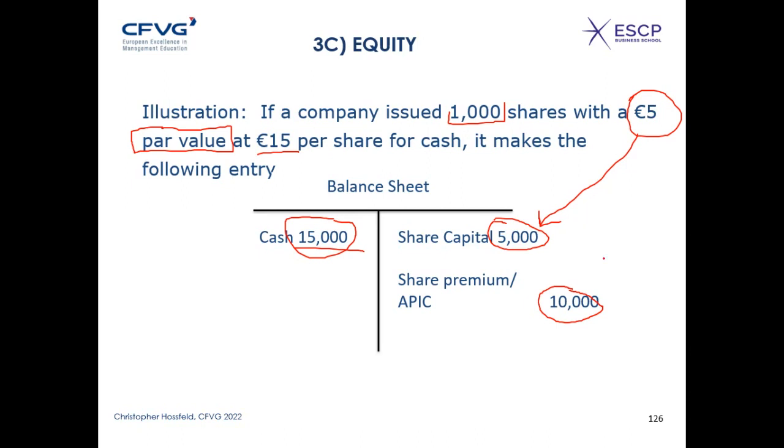That means it's normal in many companies to have a share premium amount that is bigger than the share capital, because share capital is only the par value. The premium is based on market value and par value, and therefore it's normal to have a share premium that is higher.